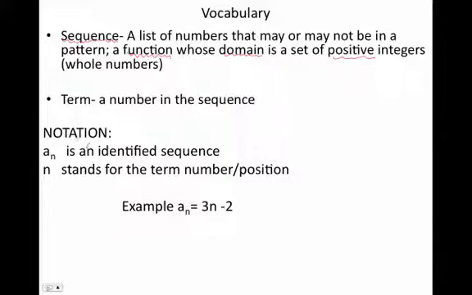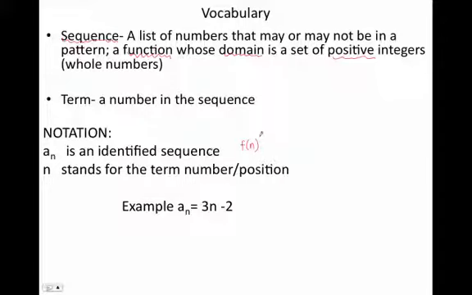So here's that notation that I was talking about. A sub n is how we're going to identify some sort of sequence. So instead of using f of n, we're going to use a sub n to represent it.